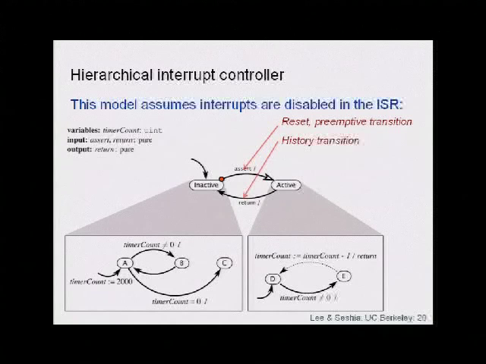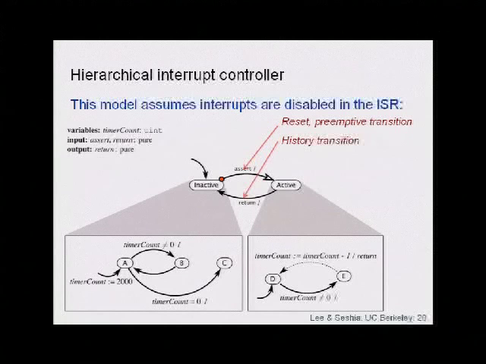In principle, there's really only one interrupt assert, and you execute the transition corresponding to jumping to the ISR and also going to D all in one step. So our previous ISR model was not quite compatible with this.